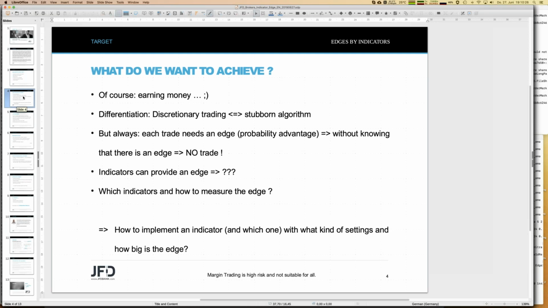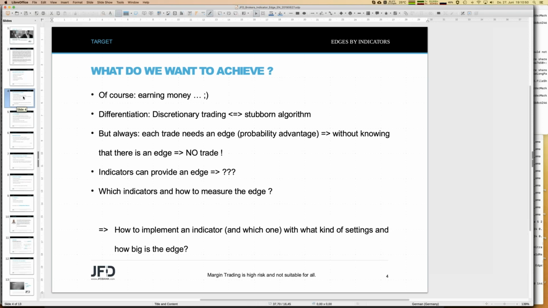That is what is called discretionary trading. Or, on the other side, the complete opposite, are those things we are normally talking about here, trading strategies, algorithmic strategies. They are really stubborn. They do what they should do, and we stick to those rules and nothing else.